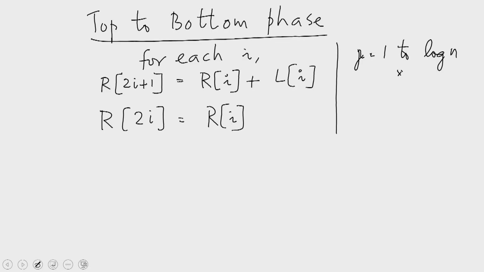When j equals 2, the children of the root are activated. When j equals 3, the grandchildren of the root are activated, and so on. So, when j equals log n, we will be activating all the leaves. So, finally, all the leaf values will be filled.